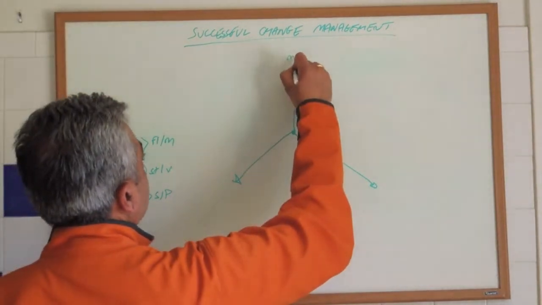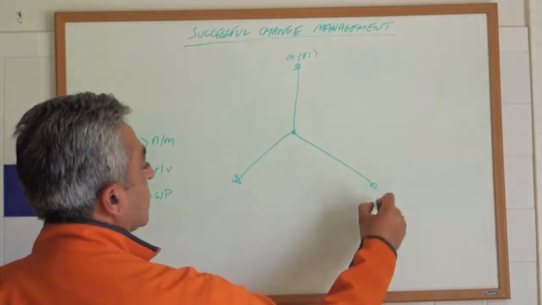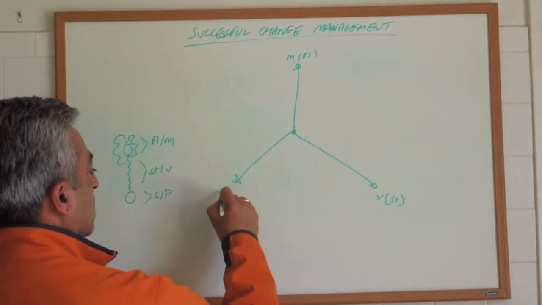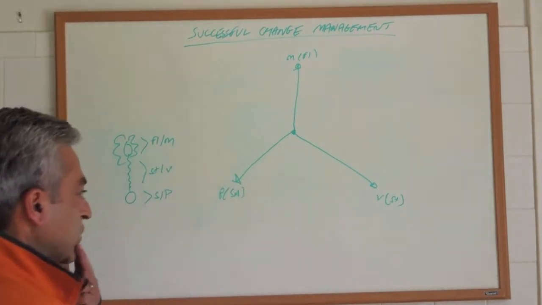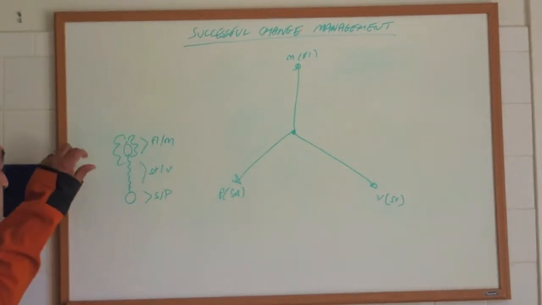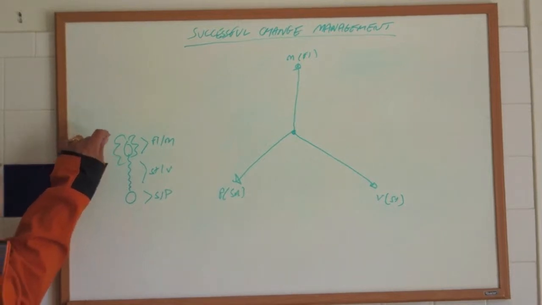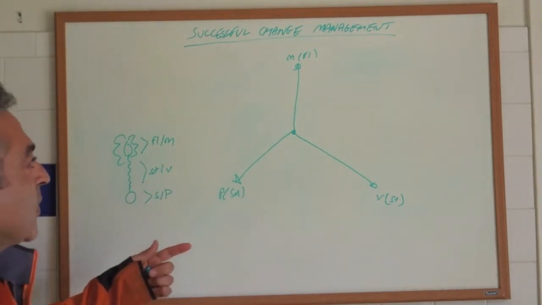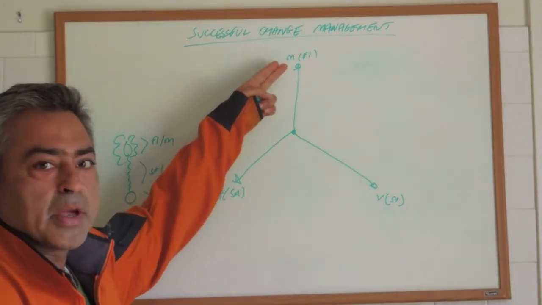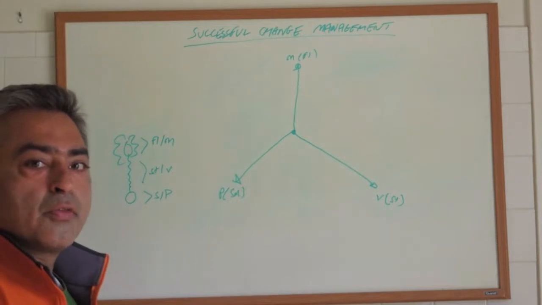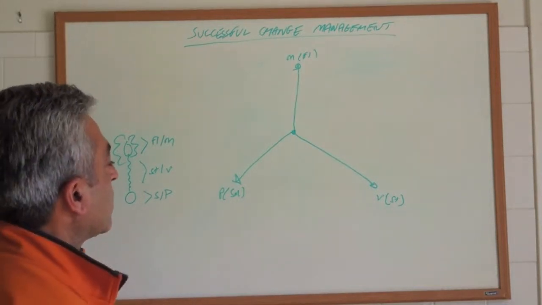So we have the mental or the flower dimension, the vital or stalk dimension, and the physical or seed dimension. Taking the cue from the flower again, where we see that the purpose is realized in this flower, we'll say that the mental dimension is the most important and needs to be worked out first for change to be successful.